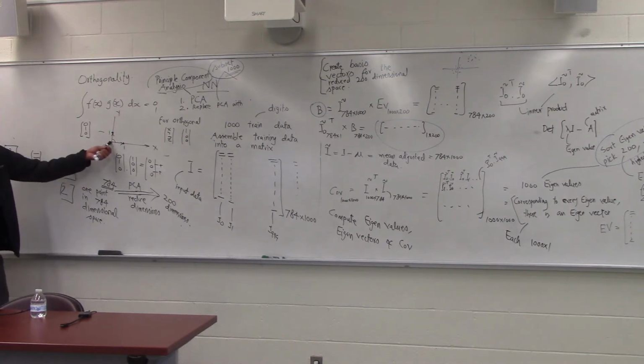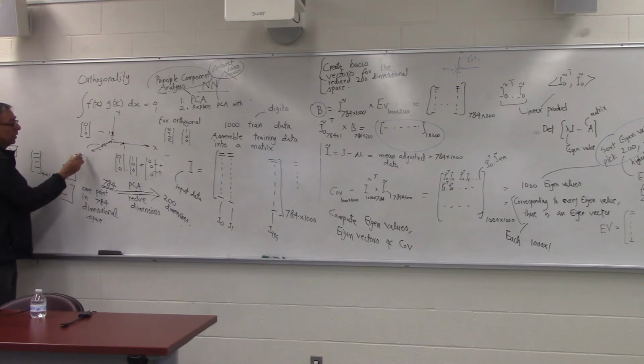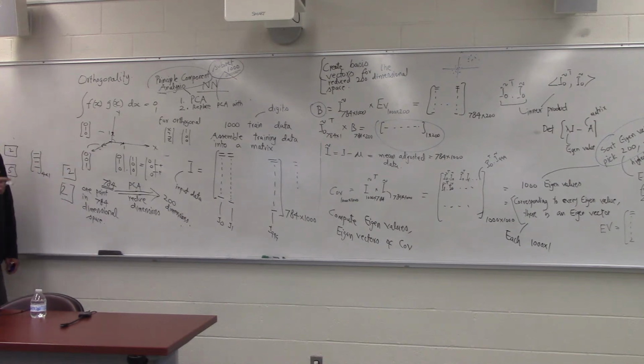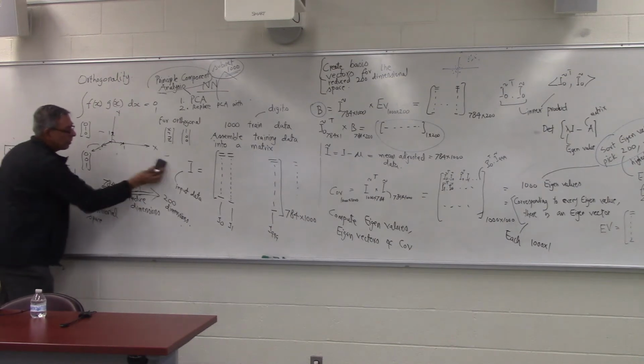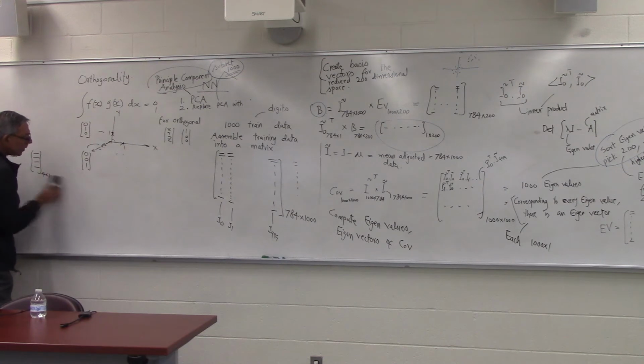So we refer to these as basis vectors. Very similarly, on the z-axis, what will be our basis vector? 0, 0, 1. Everybody agrees? So why do we care about orthogonal or the basis vectors? Simple.